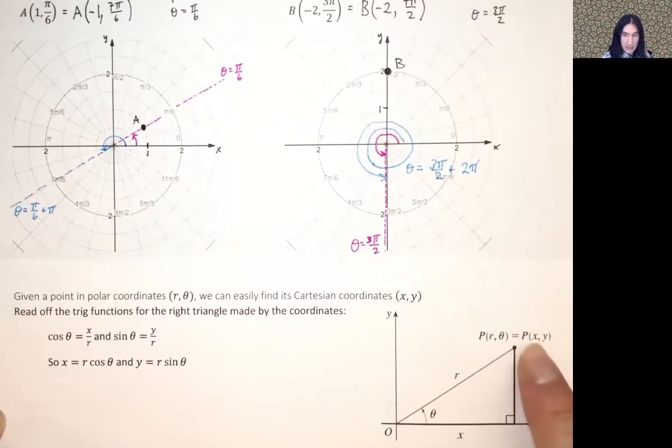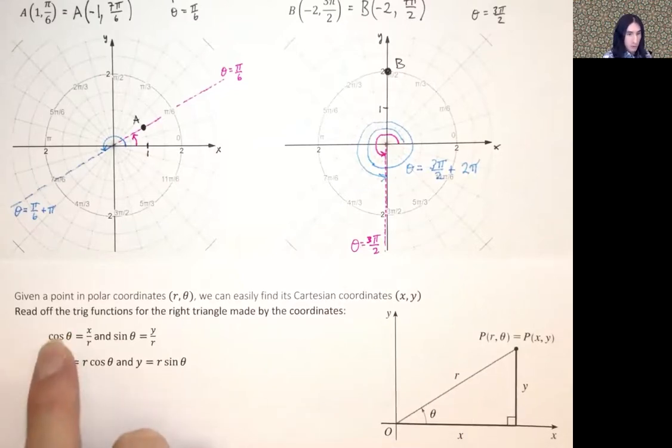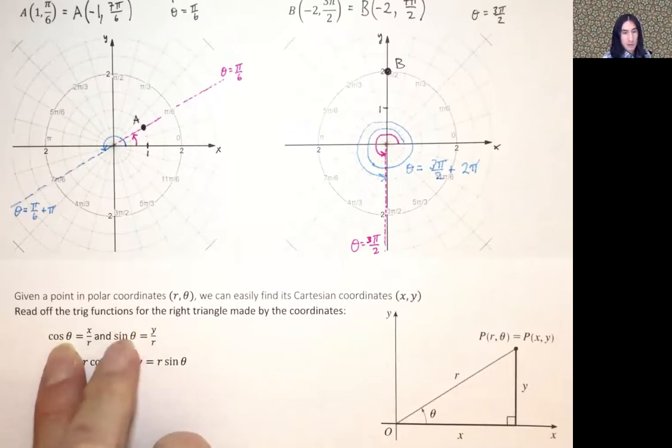So it turns out that the xy pair for Cartesian coordinates can be found just by solving for the lengths of the sides of the triangle on the unit circle here, okay?